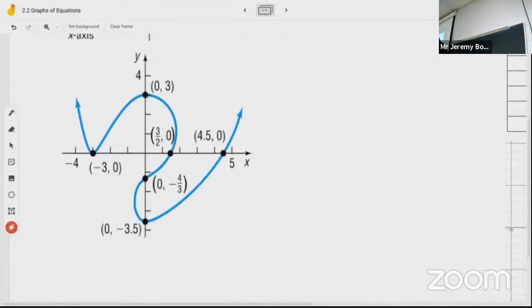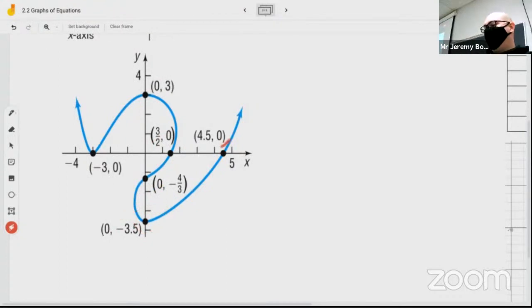And so if we look at this crazy graph we got going on right here, you have intercepts all along this graph. Let's read out the whole coordinate system: -3, 0; 0, 3; 3/2, 0; 0, -4/3; 0, -3.5.